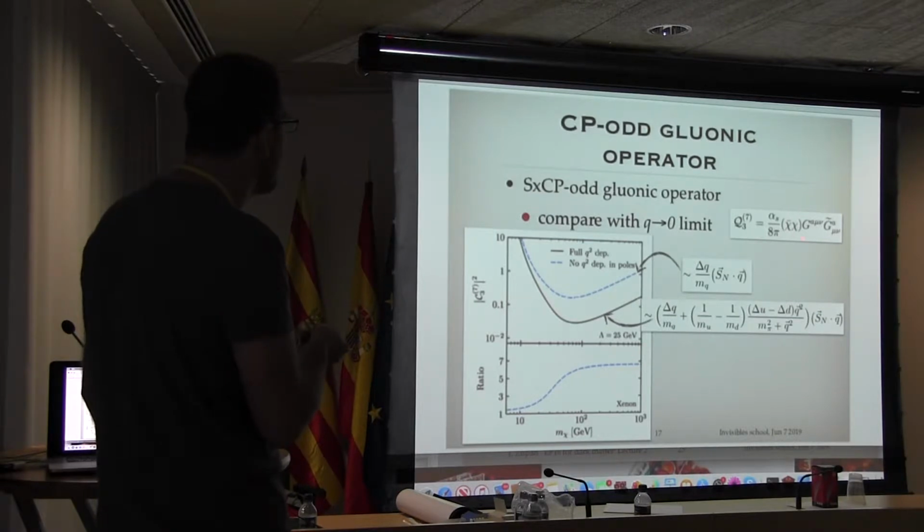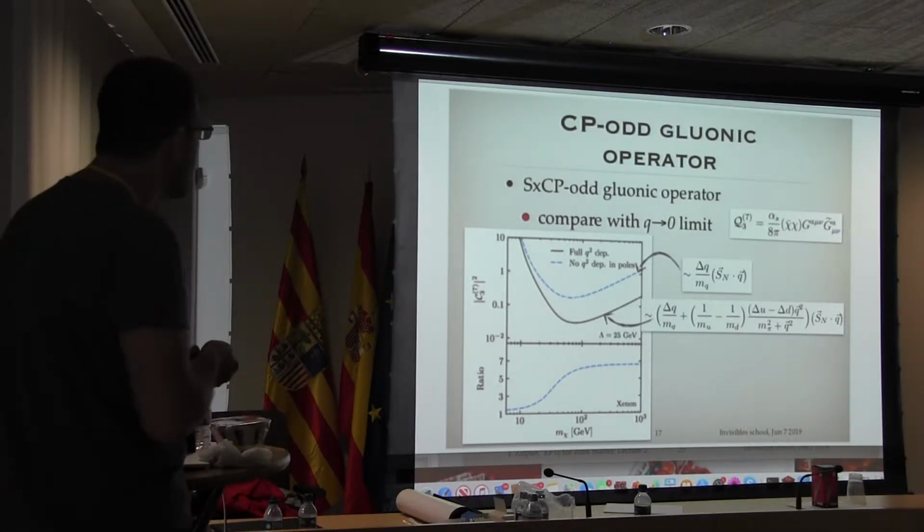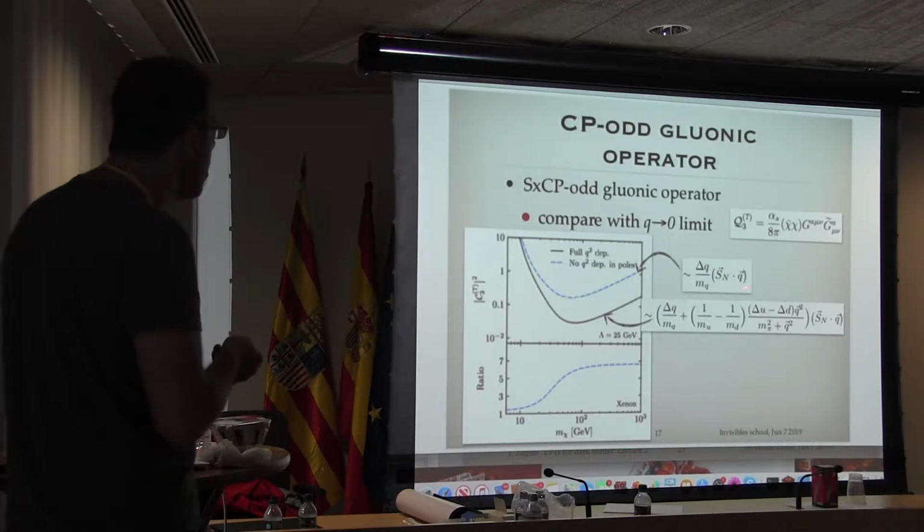So let me pick a different operator. Let's say a scalar operator on the dark matter side, and then a G G tilde on the standard model side, and then let's do the same thing. So I forget about the poles. This would be this dashed line, so that's the exclusion.